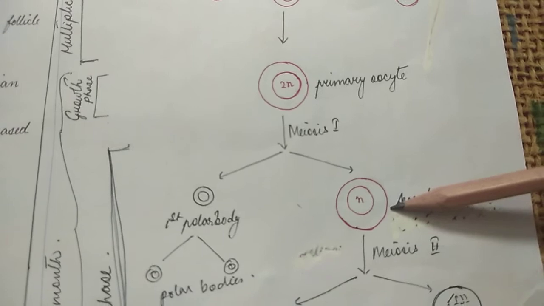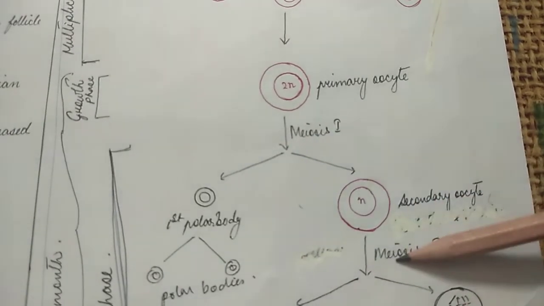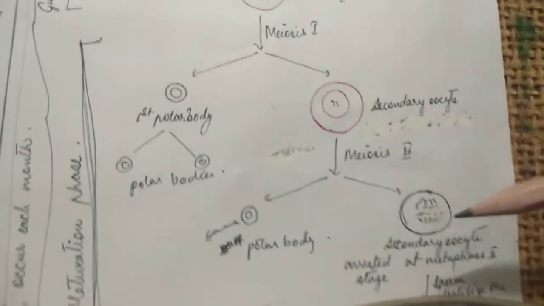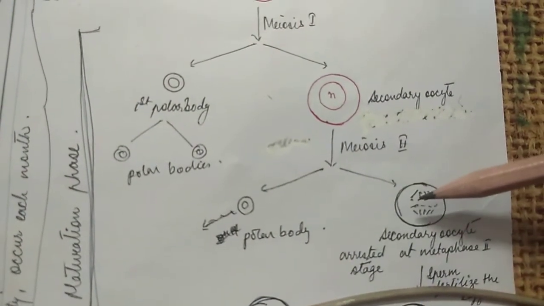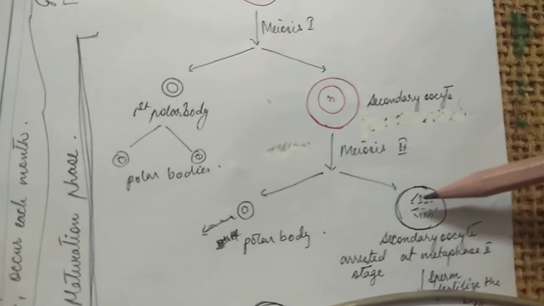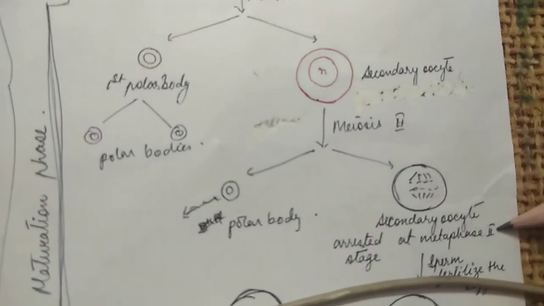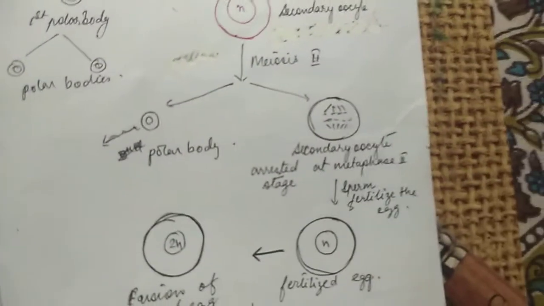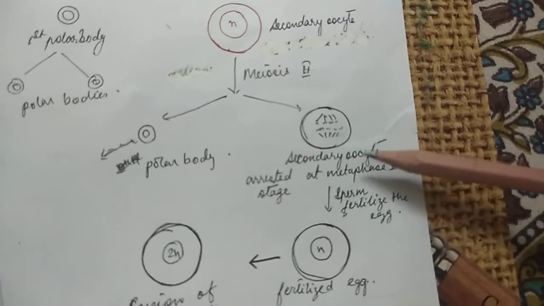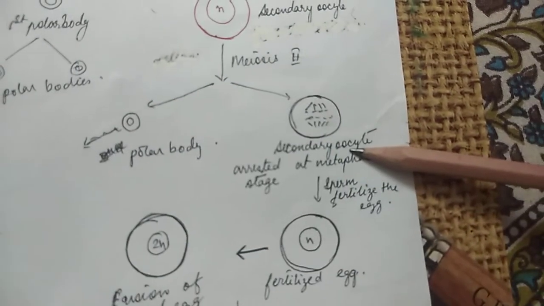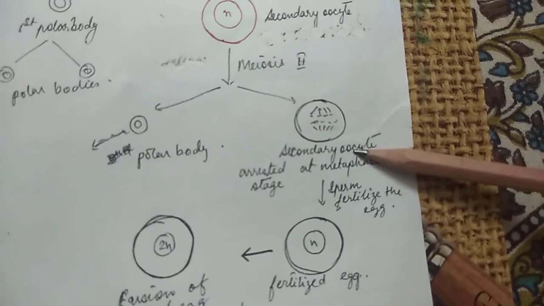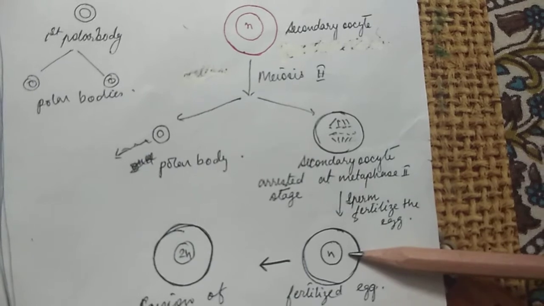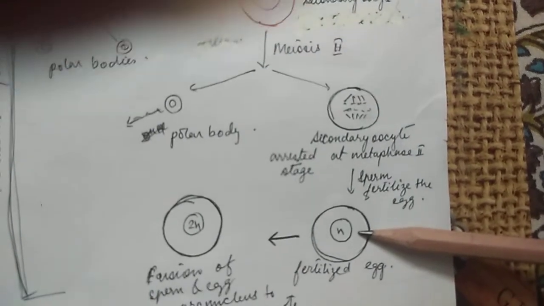The secondary oocyte and the polar body undergo meiotic II division. The secondary oocyte gets arrested, or you can say the meiotic II division gets arrested, at the metaphase II stage. The secondary oocyte is now released from the ovary, which enters the fallopian tube and awaits in the ampulla for fertilization.